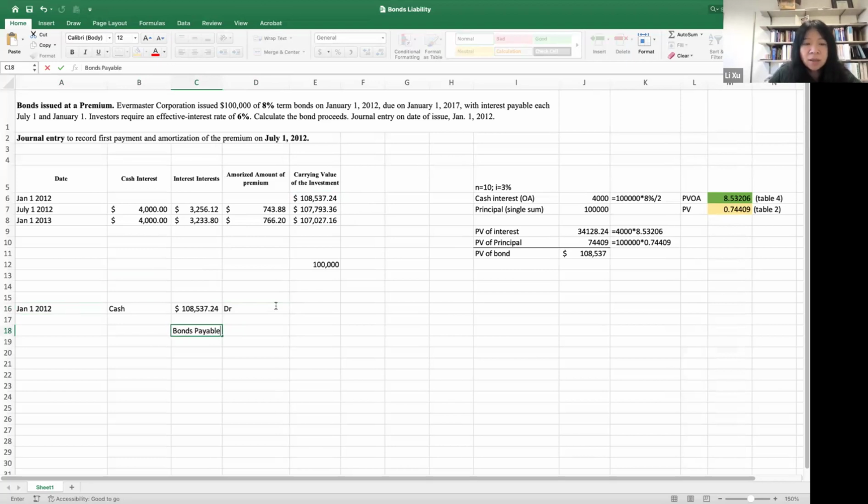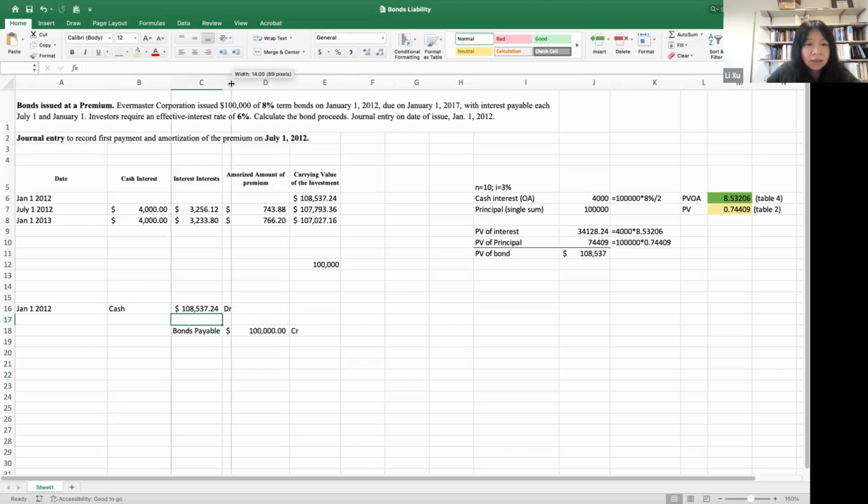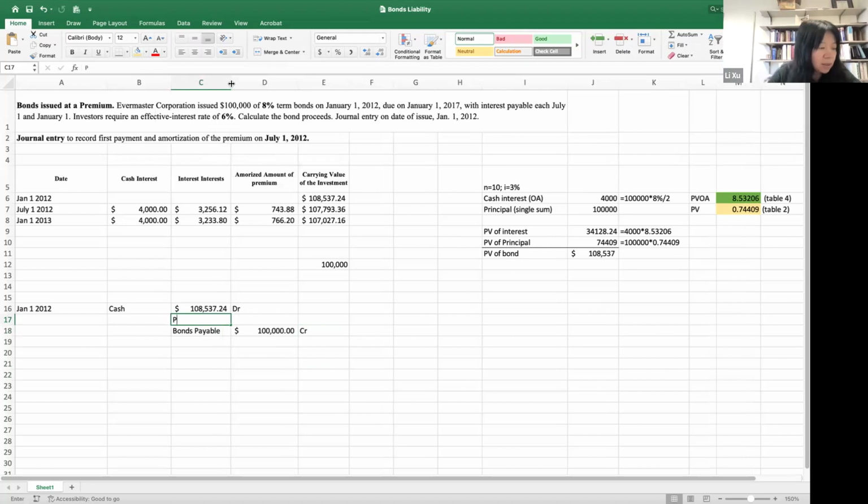Very important, bonds payable, regardless of what the present value is, should always be the face value or the principal of the bond. And you can see here, you are going to have another account on the credit side to keep it balanced. So we call it a premium on bonds payable.